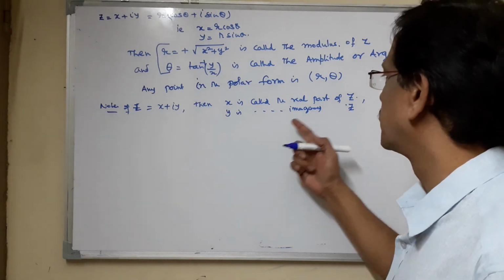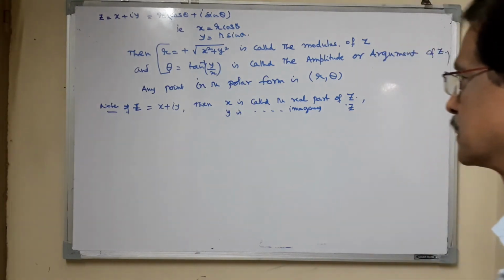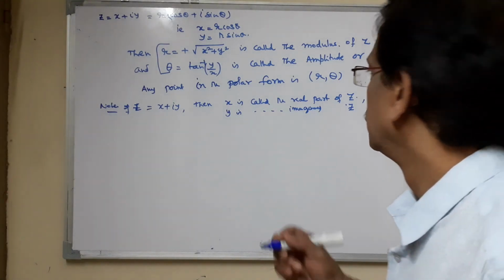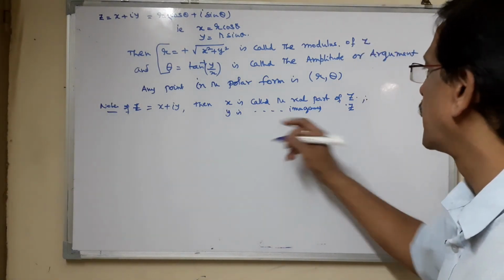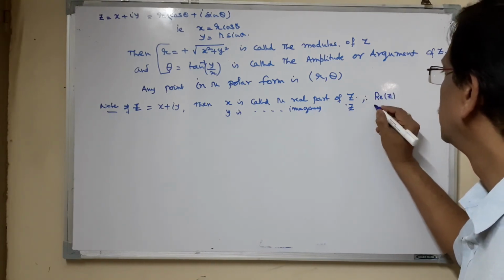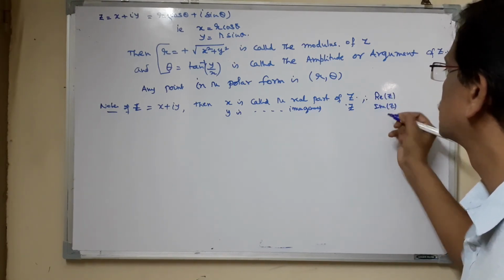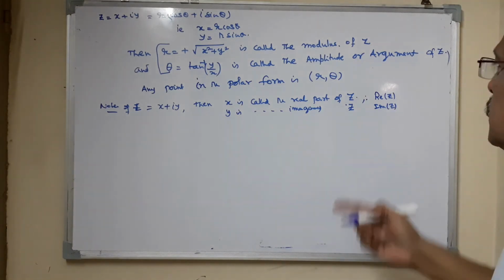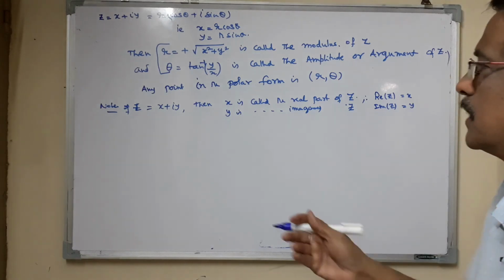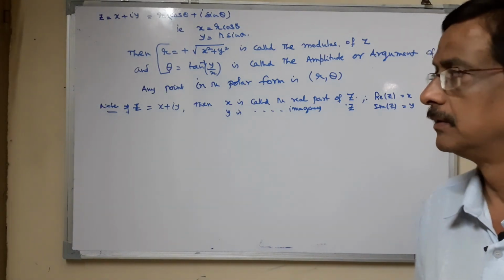Also we write Re z, Im z. This is a notation. Re z means x, Im z means y, the imaginary part of the complex number.